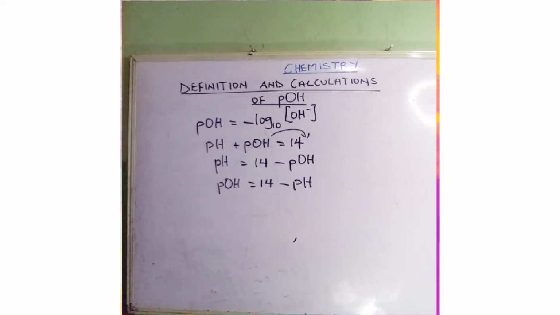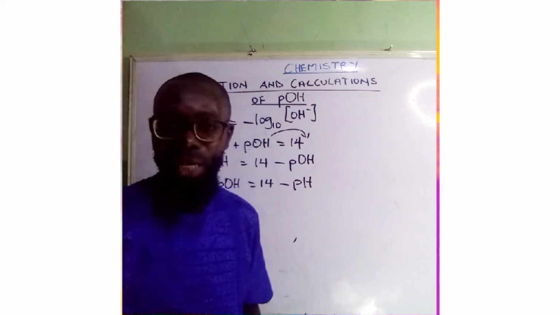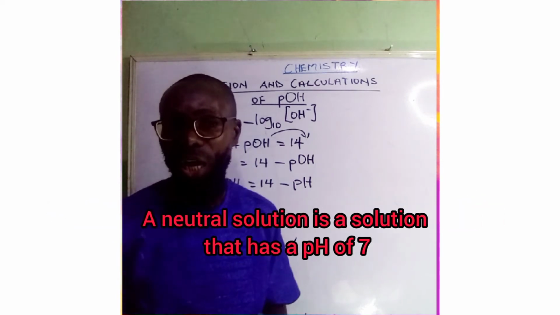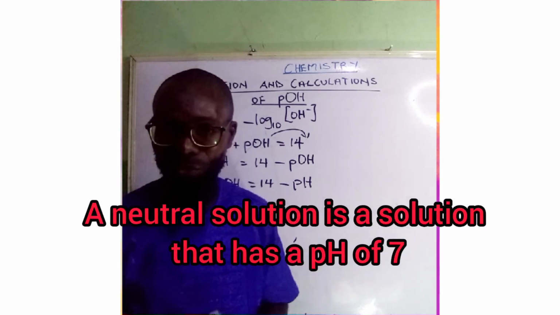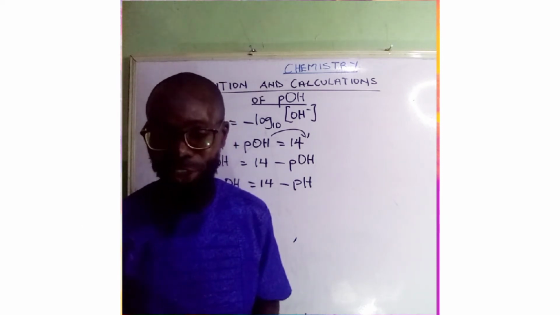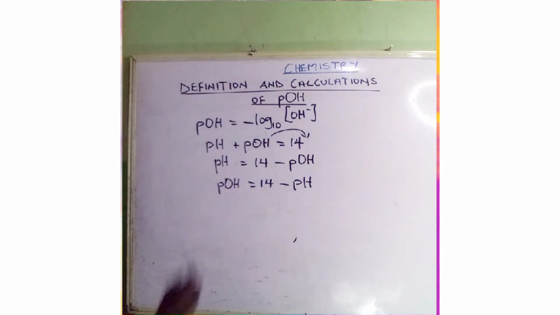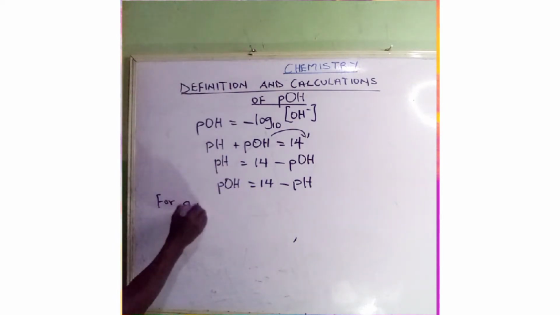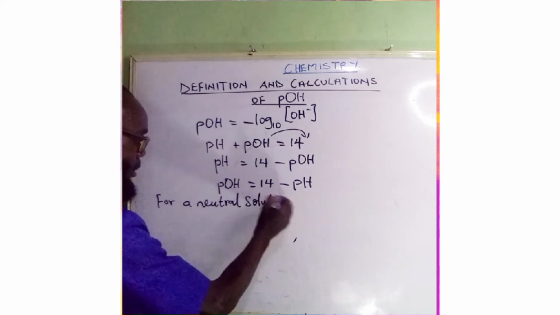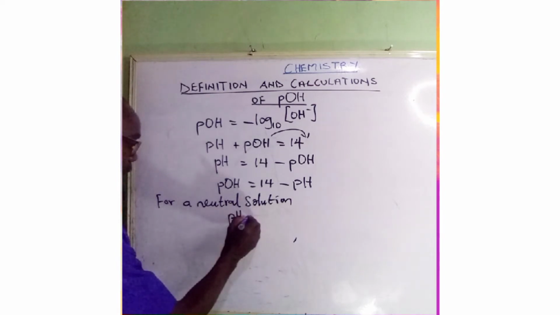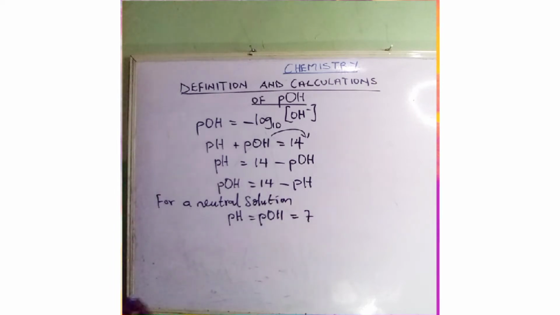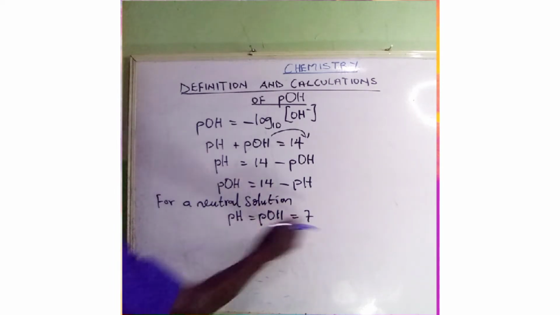Now, a neutral solution is a solution that has a pH equal to 7, meaning your pH also equals your pOH. So, for a neutral solution, our pH equals pOH and has a value of 7, which means each of them has a value of 7.